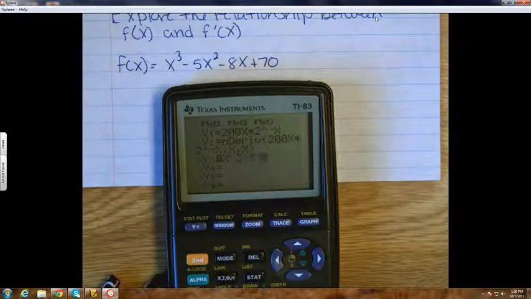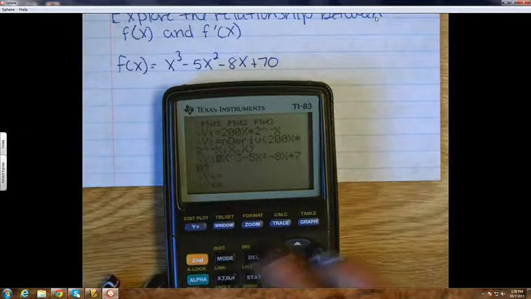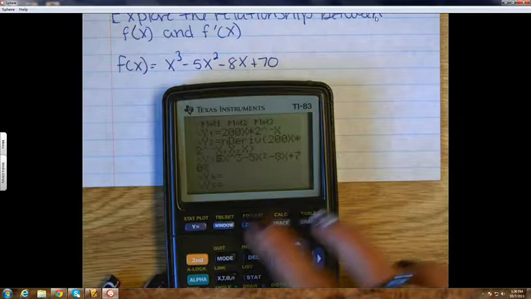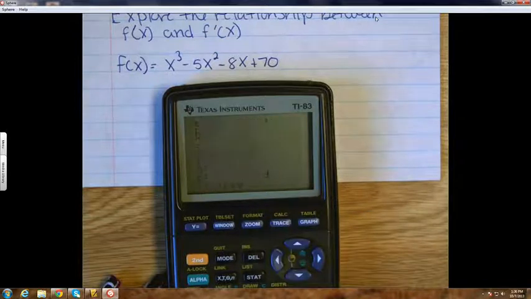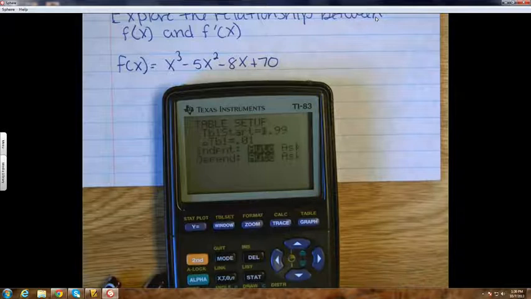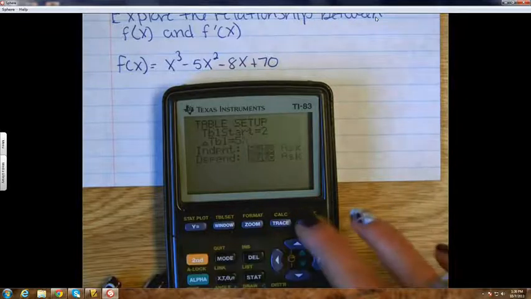5x squared minus 8x plus 70. My window's probably going to have to get set up here. I'll pick zoom 6 to see what we've got. Not much. I'm going to go into the table. Let's go. See what kind of numbers we have.